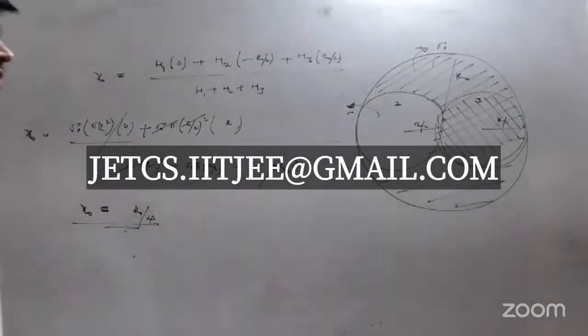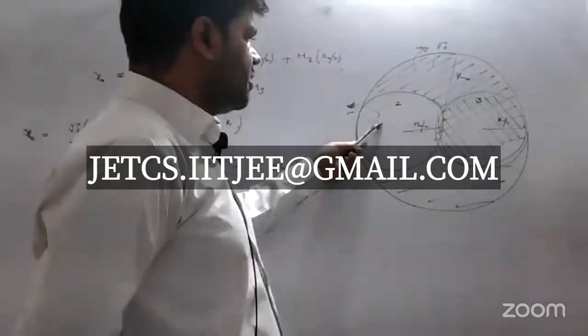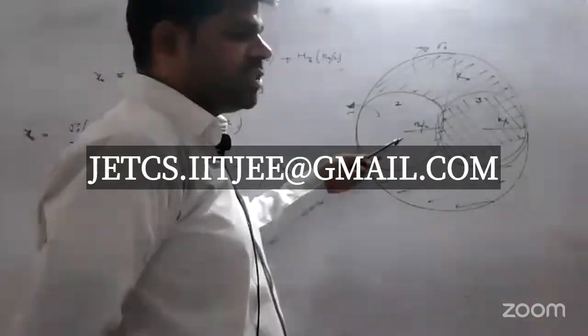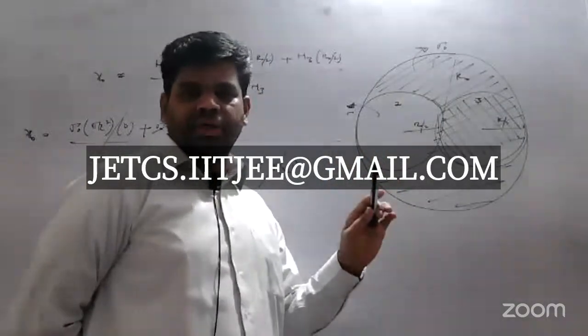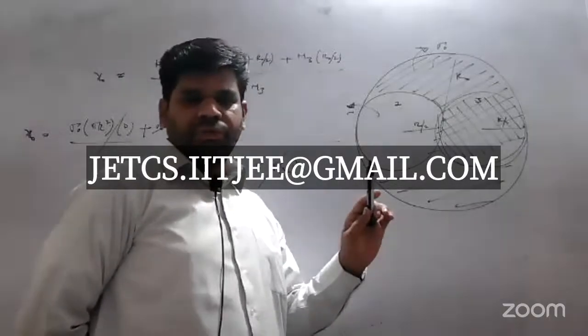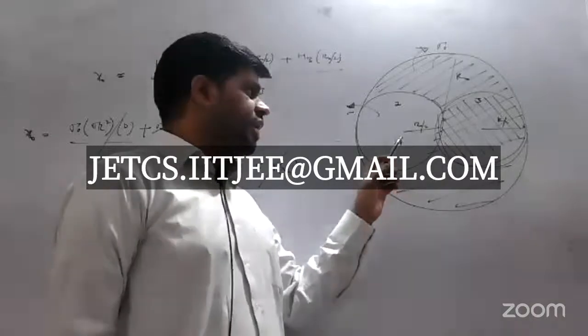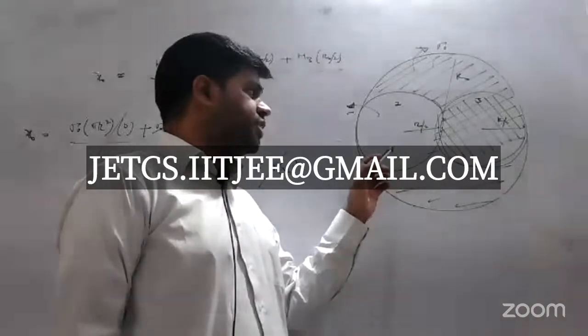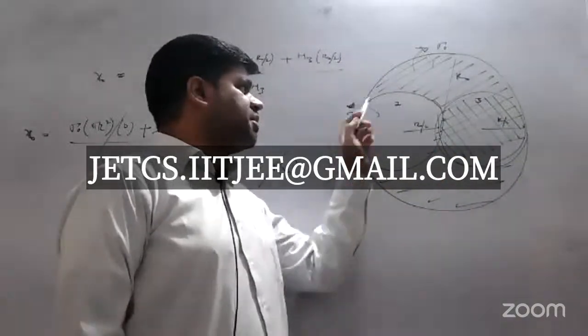Have you understood what I've done here? I've added sigma and minus sigma. I've added a disk of density sigma and I've added a disk of density minus sigma. So in effect, I've added nothing. All right, that's a hypothetical step. We don't have negative mass over here, but if I add plus sigma and minus sigma, plus m and minus m, this is nothing, 0. Because of plus sigma, I'll have a whole disk. Because of minus sigma, I'll have a smaller disk.